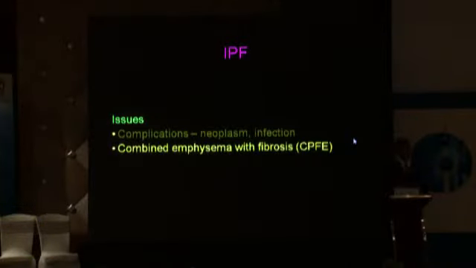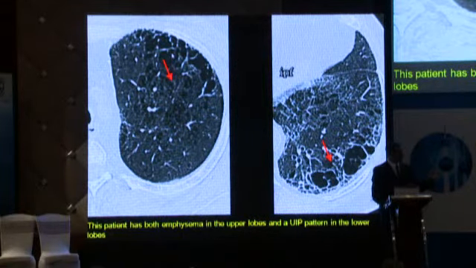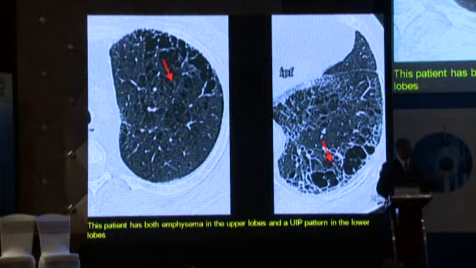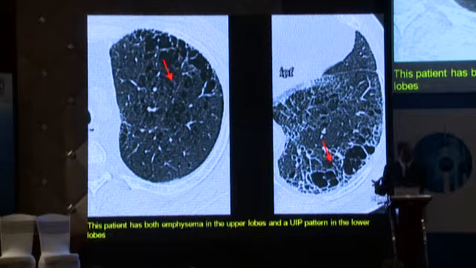Another entity that is very, very interesting and behaves a little differently from standard IPF is a combination of emphysema and fibrosis. This is seen only in smokers, so we get centrilobular emphysema with perhaps paraseptal changes in the upper lobes. We get an IPF pattern or a UIP pattern in the lower lobes. And these patients have a slightly better prognosis than just idiopathic pulmonary fibrosis.